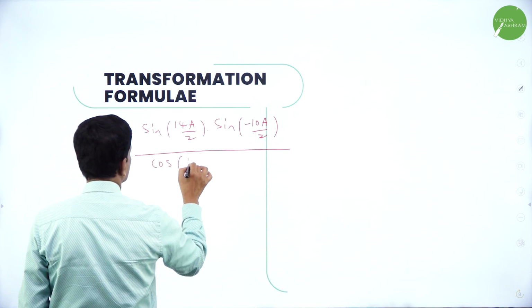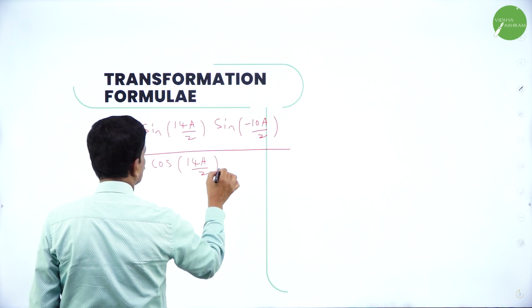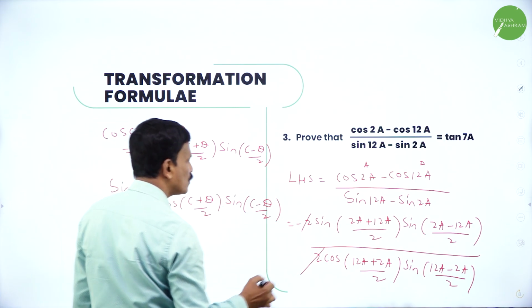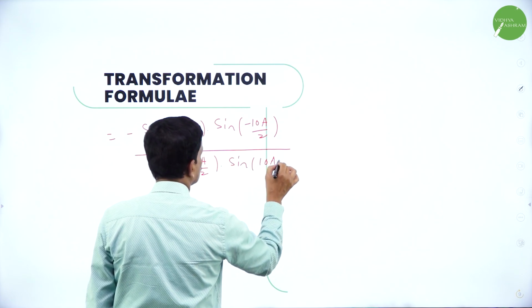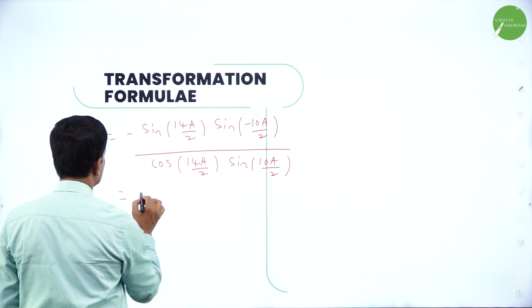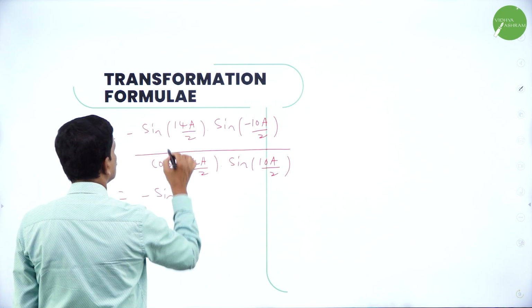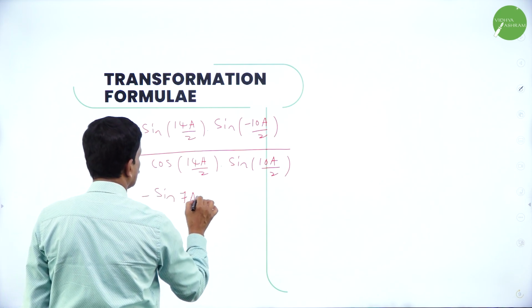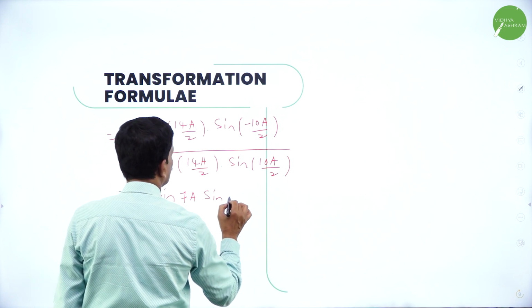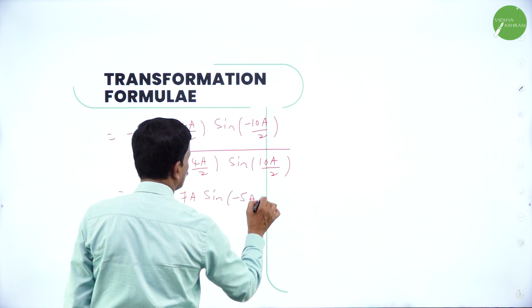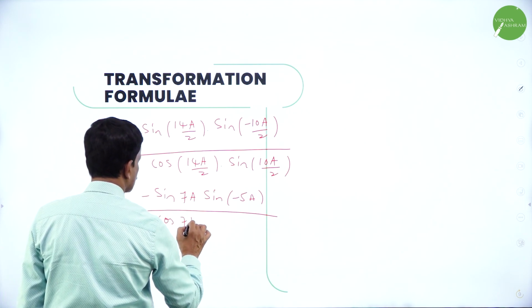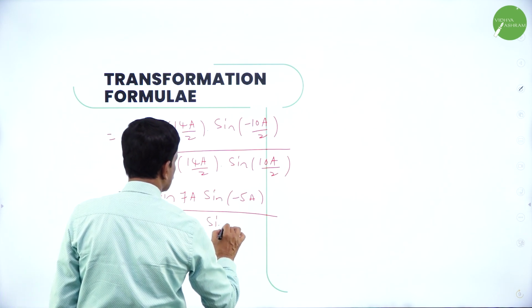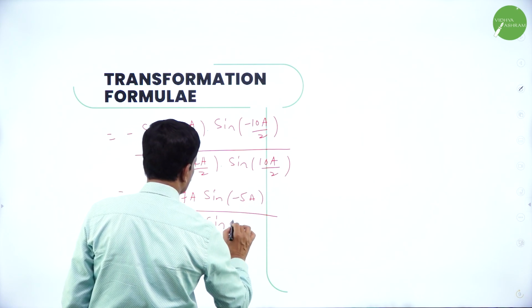Cos of 14a by 2 into sin of 10a divided by 2. Now this can be written as minus sine 14 by 2 is 7a into sine of minus 5a divided by cos of 7a into sine of 5a.